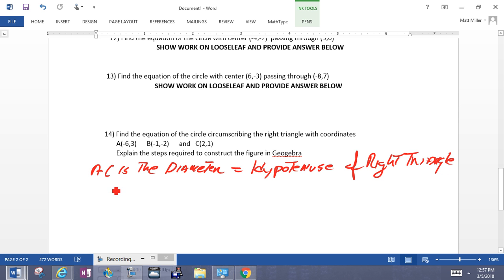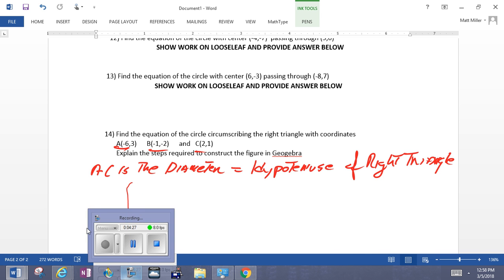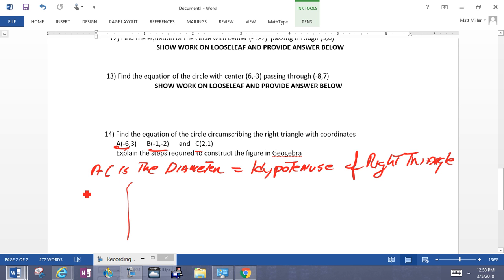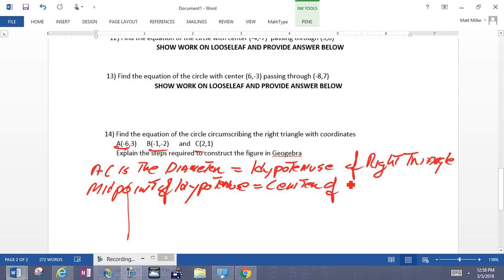Of course, you would probably benefit by graphing these, even freehand, just to confirm that AC is in fact the hypotenuse. You'd have to graph them with a little bit of precision, because otherwise you're just going to be guessing at it. We also know that the midpoint of the hypotenuse is equal to the center of the circumscribed circle.